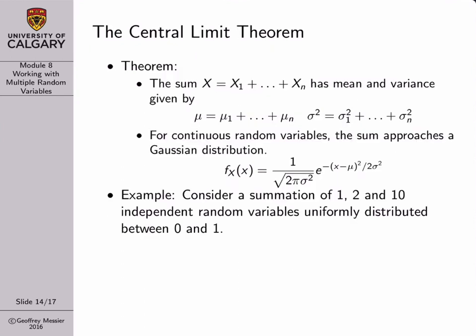And finally, we'll conclude with a very important concept that engineers use all the time, and that's the central limit theorem. Basically, the central limit theorem says that the sum of any independent random variables can be approximated as Gaussian as long as we have enough random variables in the sum. And this is regardless of the actual distribution of the random variables in the summation.